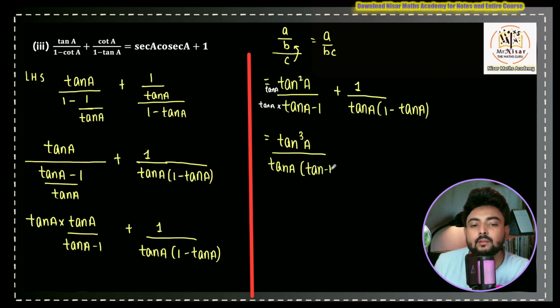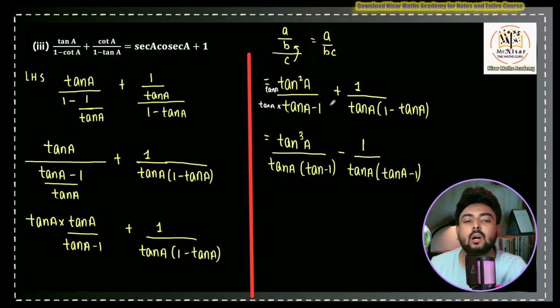minus 1. And here, as I said, I want to change it to tan A minus 1. So to change it to tan A minus 1, I will take the minus sign outside. So it becomes minus 1 by tan A minus 1. I have taken the minus sign outside so that the signs inside the bracket get changed.